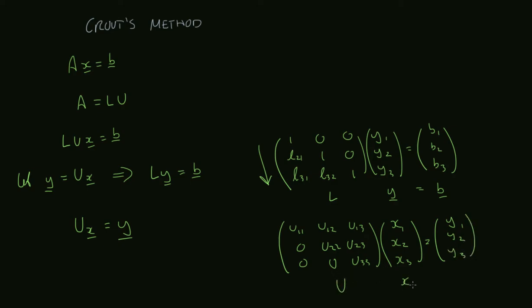So that's U, that's our vector X, and that's our vector Y. We do this using back substitution. So Crout's method, when you're presented with an LU factorization of the coefficient matrix A, we use forward substitution to calculate our values for Y, and then you use the Y on the right hand side of the equation UX equals Y and calculate X, which is our solution to the original system, using back substitution.